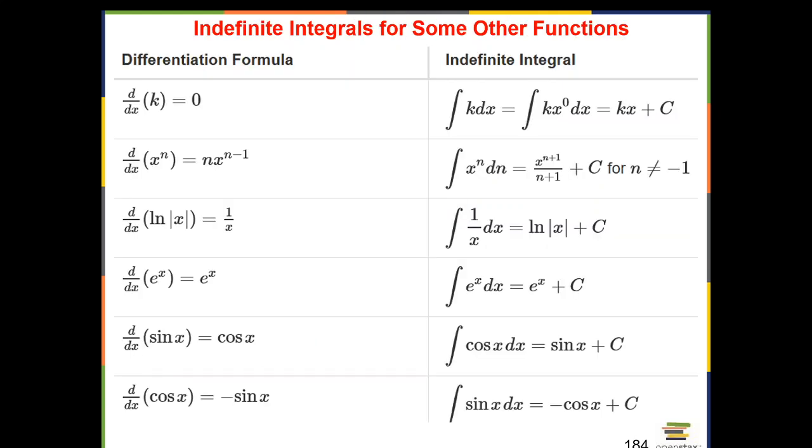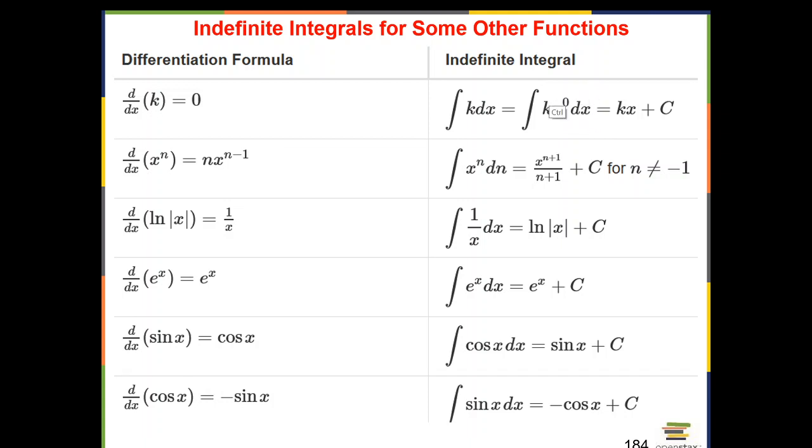Here's the table, so we go backwards basically. For the differentiation formula for a constant, the derivative of a constant is 0, right? So for the antiderivative of a constant, we assume that x is to the 0th power here. When we have a constant, we think of it this way: antiderivative of k x to the 0th power dx.